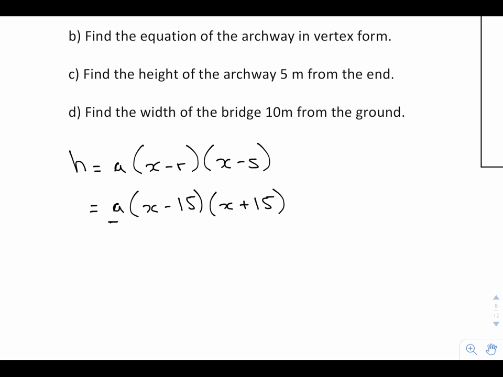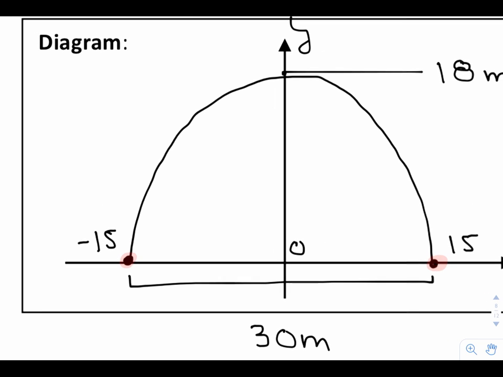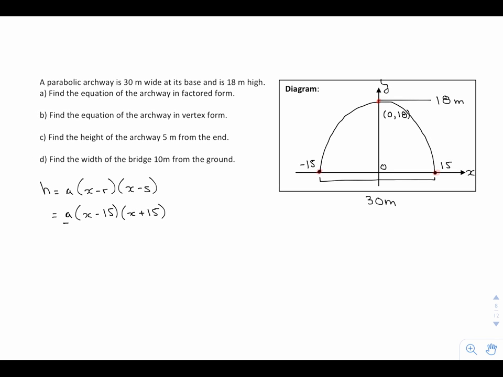And in order to do that, I need another point on this parabola that I haven't used already. I've used the roots. I know they lie on the parabola. The only other obvious point is my vertex. My vertex here has coordinates of 0, 18.